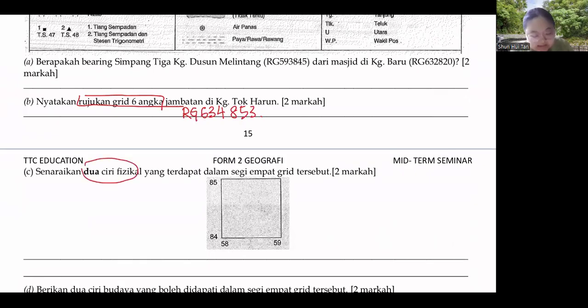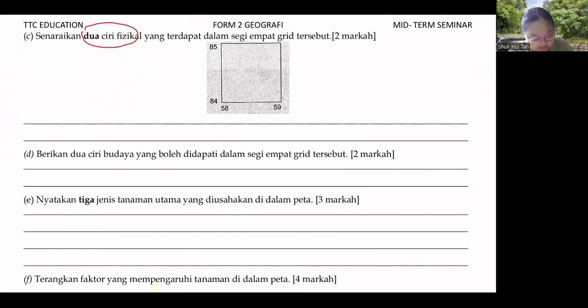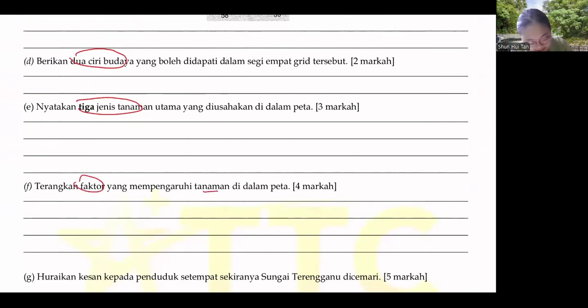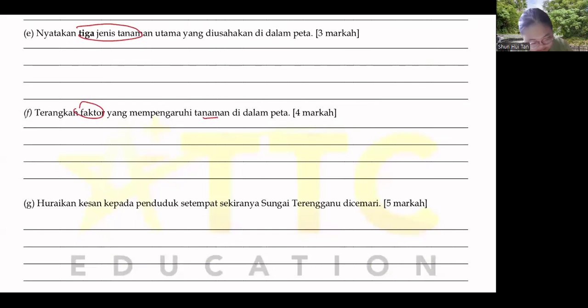Ciri fizikal, ciri budaya, jenis tanaman, faktor tanaman. A bit different already. Uraikan kesan sungai dicemari. Sekiranya dicemari. Now, this is a common question, which is not related.